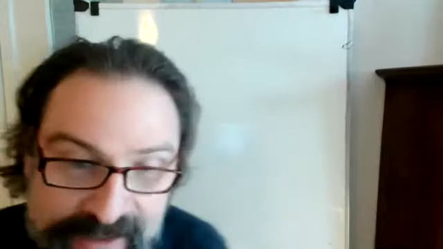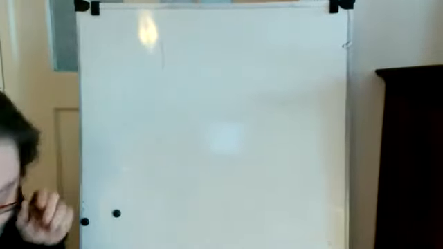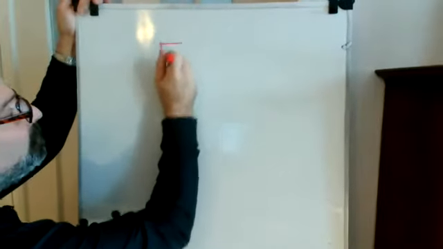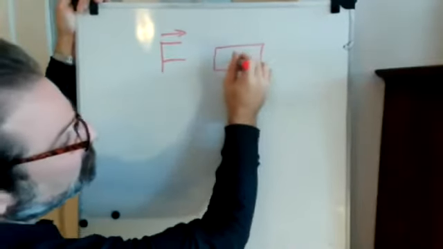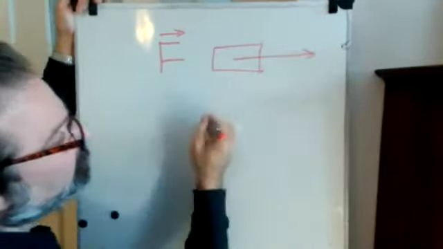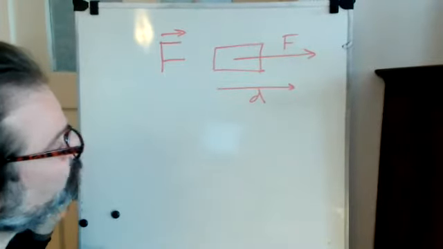So we just finished talking about motion in terms of work and energy. And the idea there was that when you apply a force on something, and you apply that force over a distance, well, that's what work is.